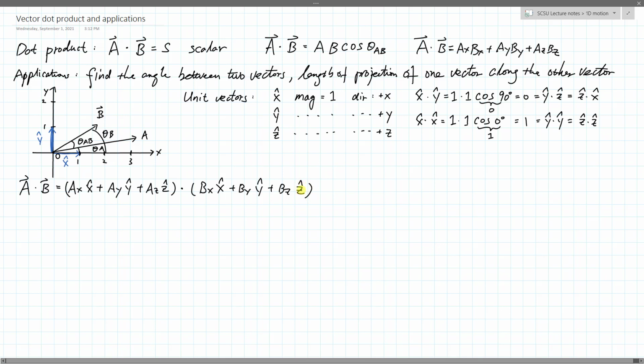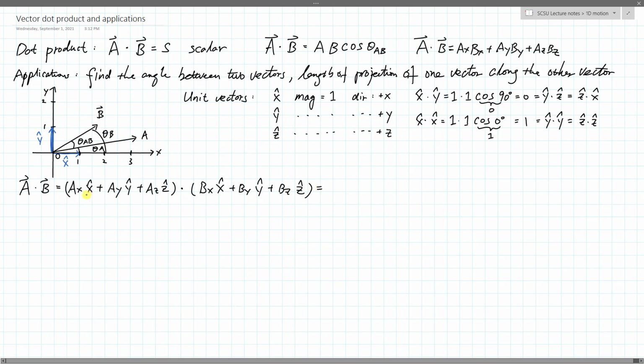Since we are talking about a product, you can use the distribution rule. So distribute this term dot this term: first term dot first term, first term dot second term, first term dot third term. You can do that. There are going to be 9 dot products if you expand it, and hopefully we don't have to do all of that just to see the trend.